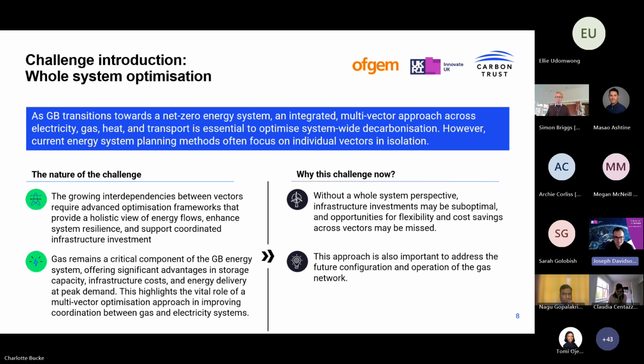So the growing interdependencies between vectors means there's a need for more sophisticated frameworks to think about how different energy flows interact, how we can ensure a more coordinated approach.